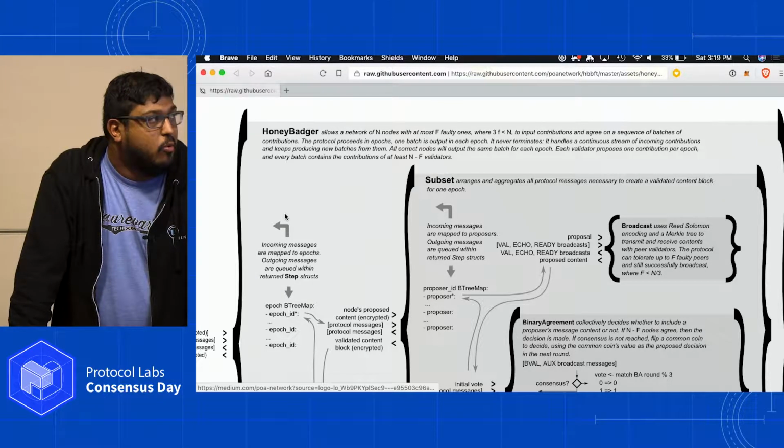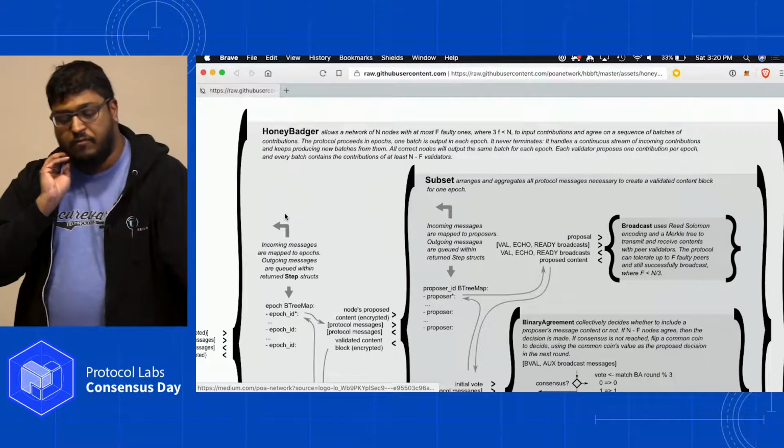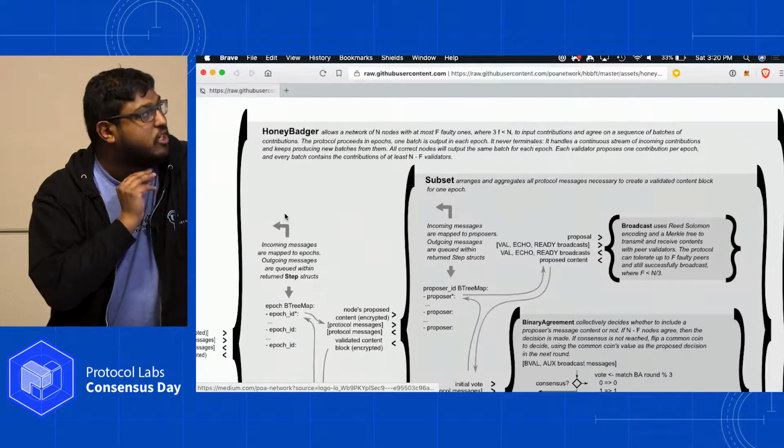Even though you may not be able to guarantee the timing performance, HoneyBadger would still be able to validate transactions. And it does it by batching transactions through different epochs.